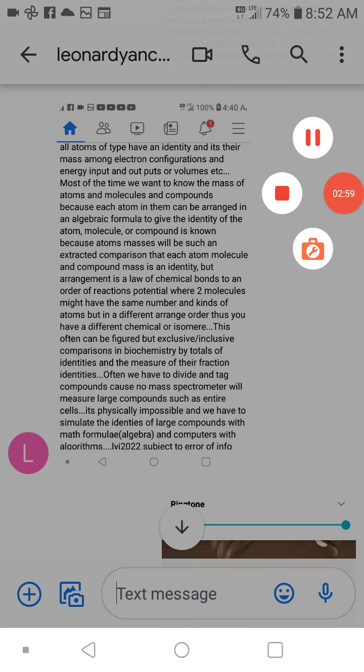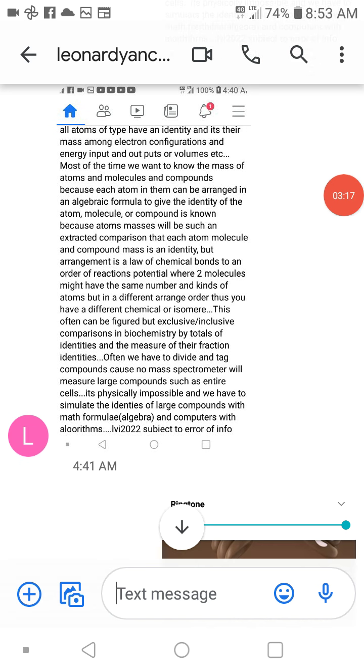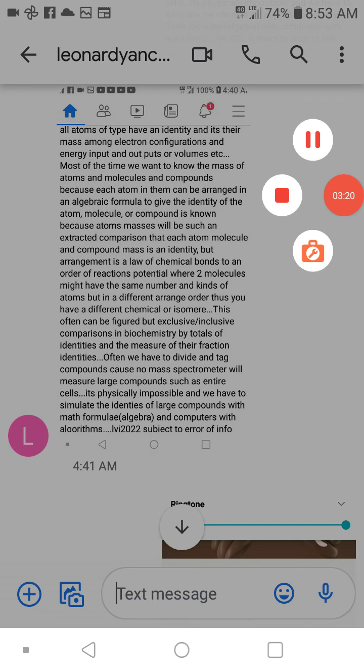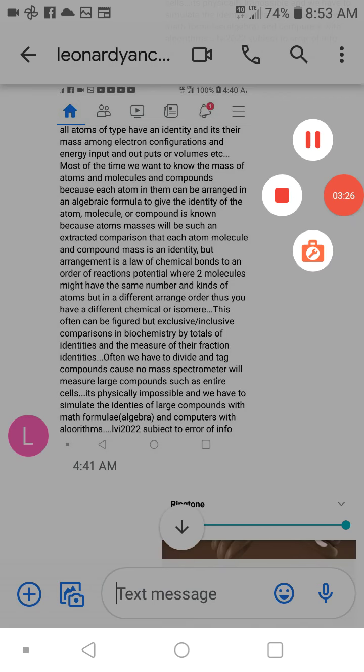But the limits of physics will only allow such a large compound to be measured by mass spectrometry. So you use algebra to figure out the arrangements of organelles and cell parts and stuff like that, to learn the biochemistry of parts of cells.